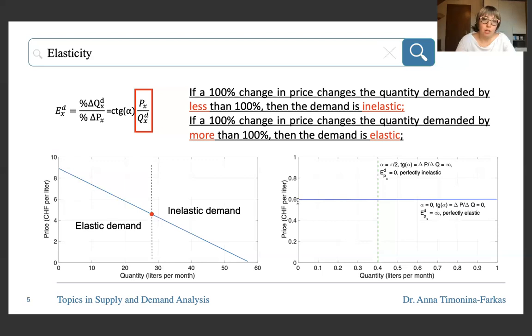So coming to firms a little bit, the horizontal line tells us about perfect competition, because in perfect competition, like in the markets of corn or wheat, one cannot increase the price and stay in the market. One will be pushed out. However, the vertical line tells us more about monopolism, because the price can be set arbitrarily if there is no governmental intervention in this, and the quantity will still be the same.